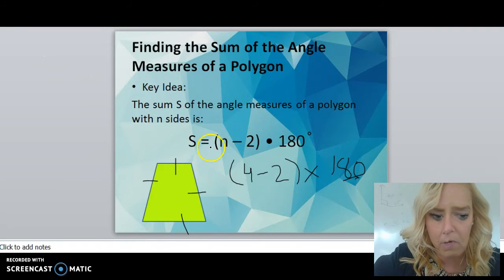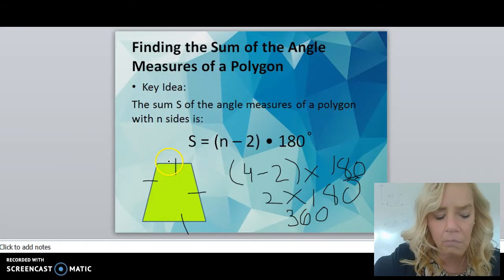So I'm going to do 4 minus 2, which is 2, times 180. 2 times 180 is 360. So that means all 4 angles add up to 360.